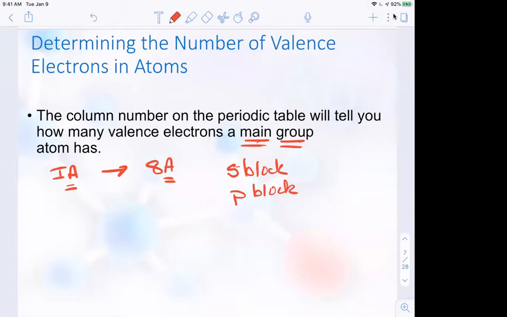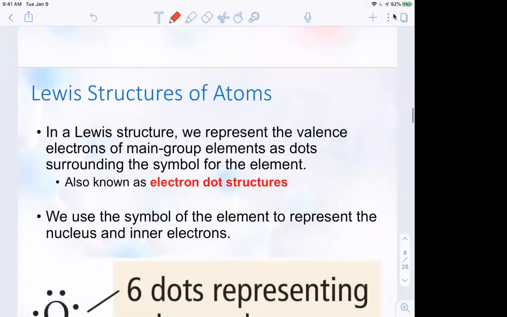We're only looking at the main group atoms, which contain the S block and the P block. So if I have something in 1A, I have one valence electron. If I have something in group 7A, I have 7 valence electrons. Group 8A, again, is the noble gases.